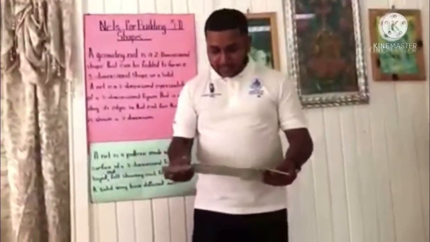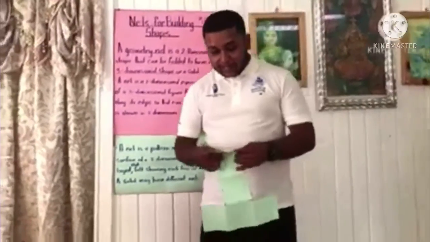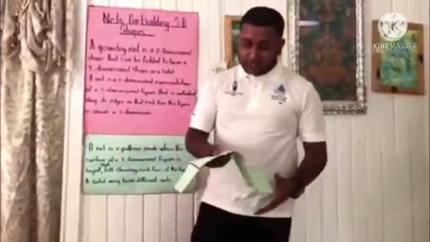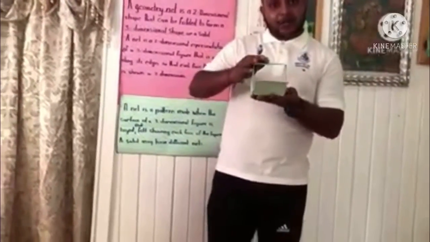It's no way close to being a three-dimensional shape, but look at this. I'm going to fold this part here, then bring it like this. Is it a three-dimensional shape yet? No. I'm going to fold it like this. Is it looking more like a three-dimensional shape now? No.